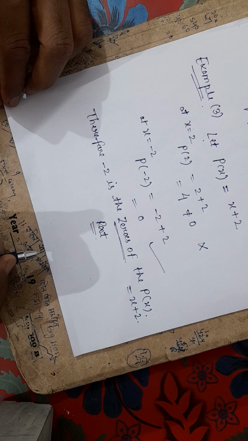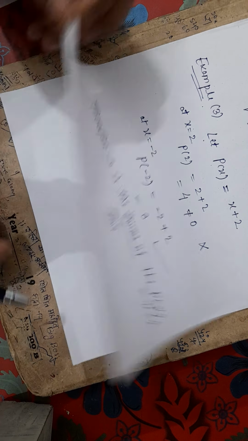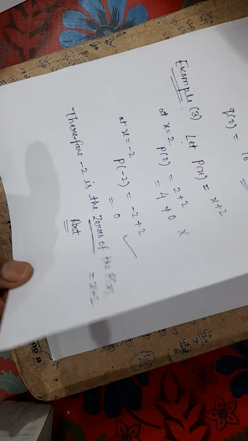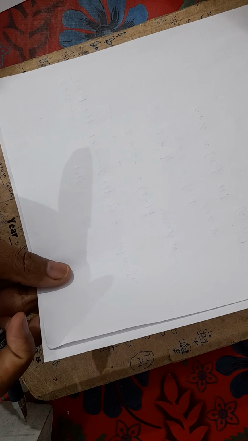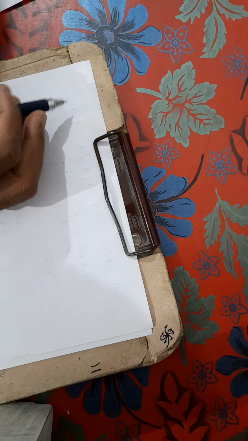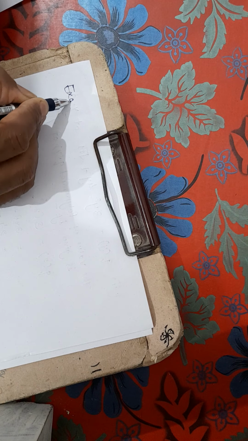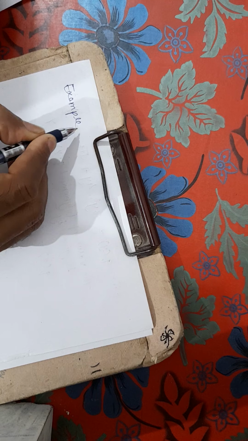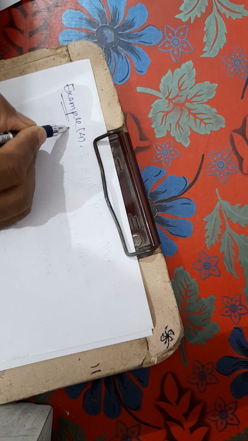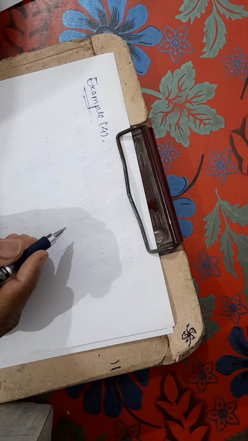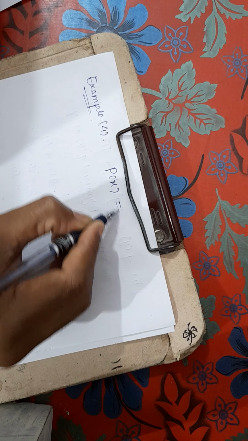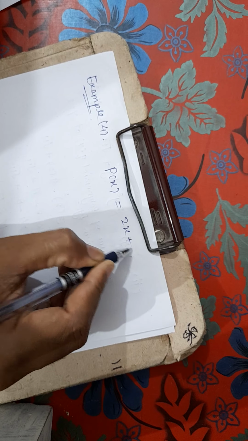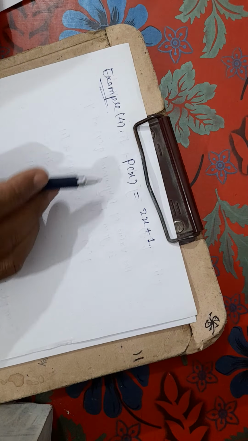So now we will also solve example number 4. Have a look at it also. Example number 4. Find a zero of the polynomial p(x). Here p(x) is given to us, 2x plus 1.